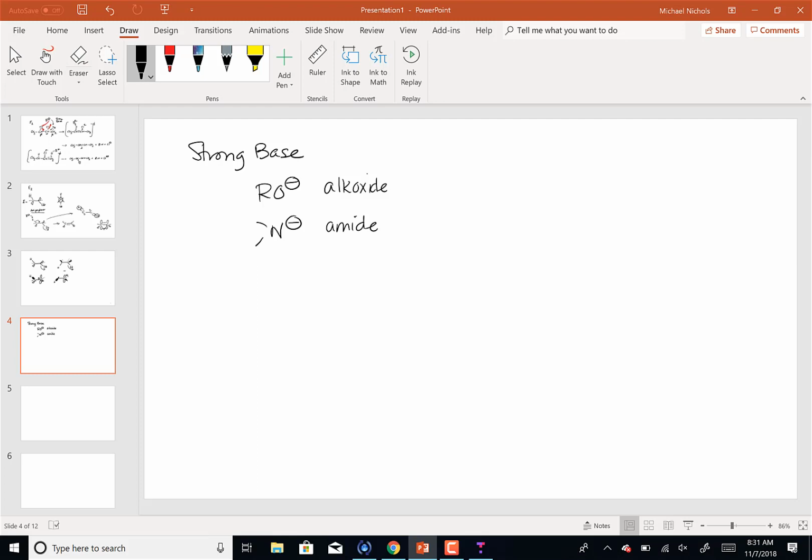If I use a small one, like CH3O-, which would be called methoxide, that's going to be a strong nucleophile. If, on the other hand, I attach a tertiary-butyl group to it, this is called tert-butoxide.